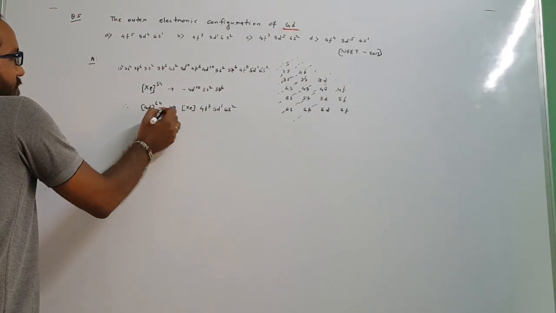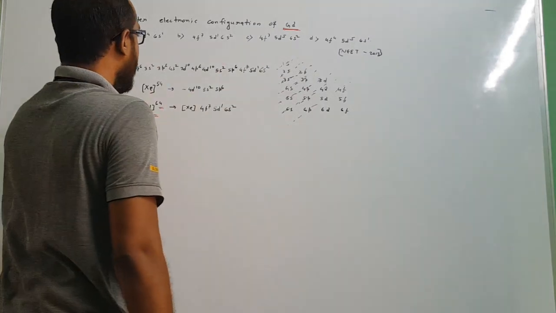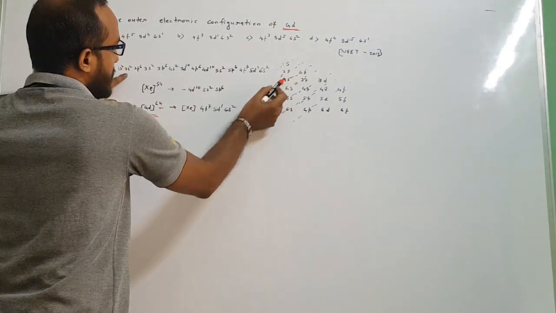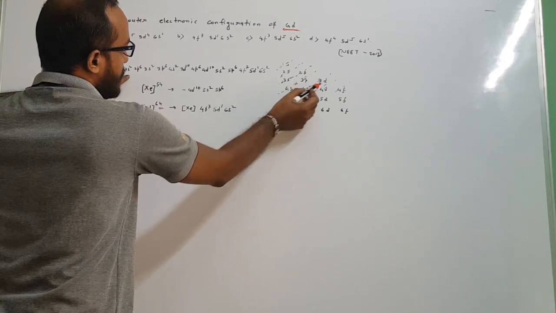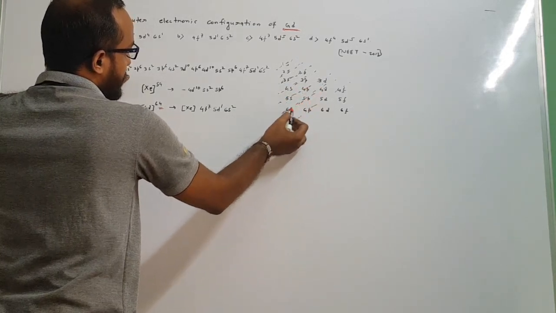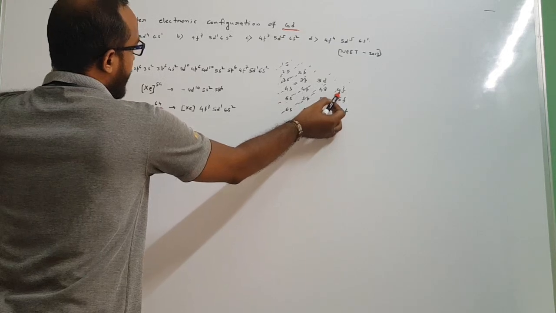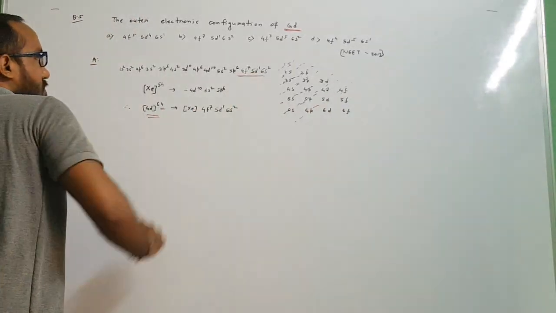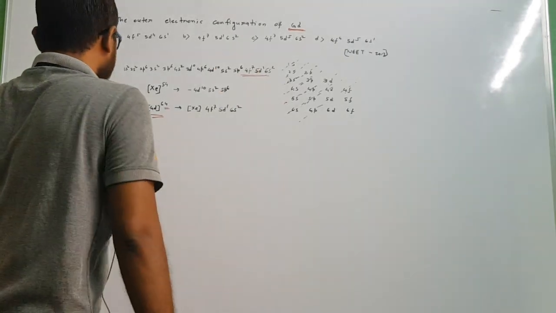Now if you want to write it in the full form, it will be 1s2, 2s2, 2p6, 3s2, 3p6, 4s2, 3d10, 4p6, 5s2, 4d10, 5p6, 6s2, 4f7, 5d1. Now why is this electronic configuration exceptional?